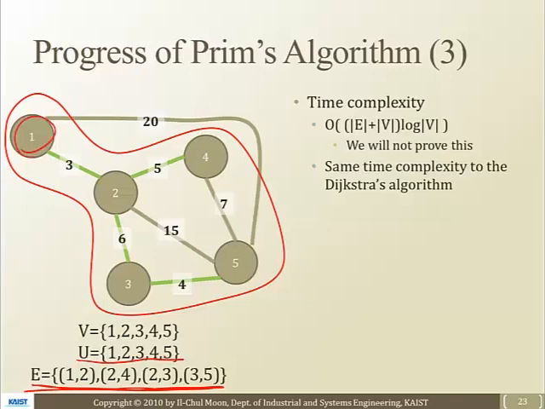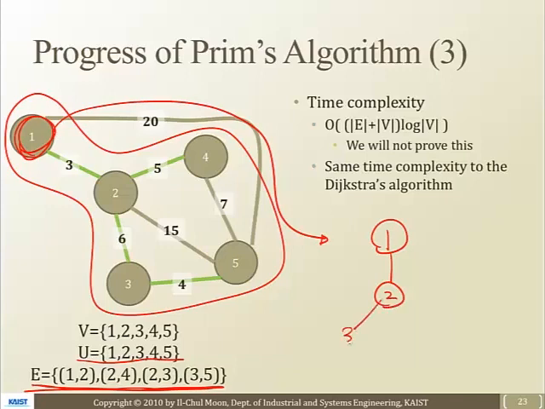We started this spanning operation from 1. If we select 1 and put it at the root, then we have 1, and we have 2, and we have 3, and we have 4, and then we have 5. This looks like a tree structure.